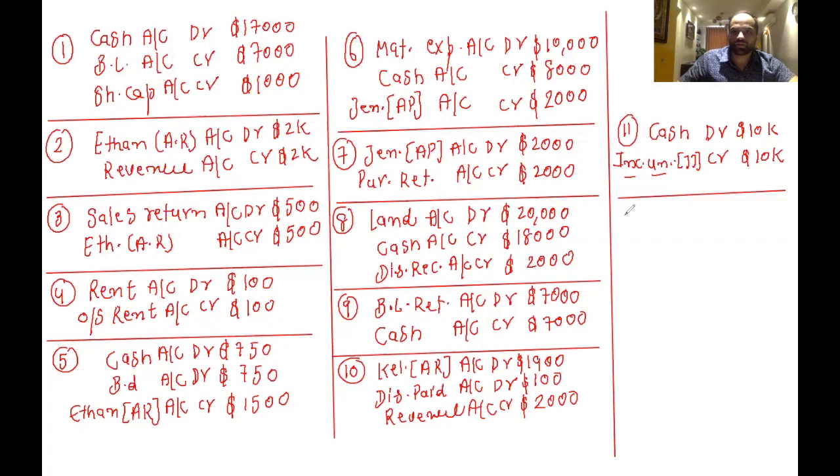Number 12, which is service performed for JJ for 8,000 only. Unearned income debit 8,000 and sales credit 8,000.